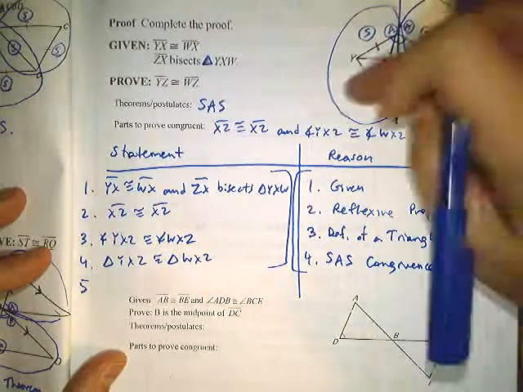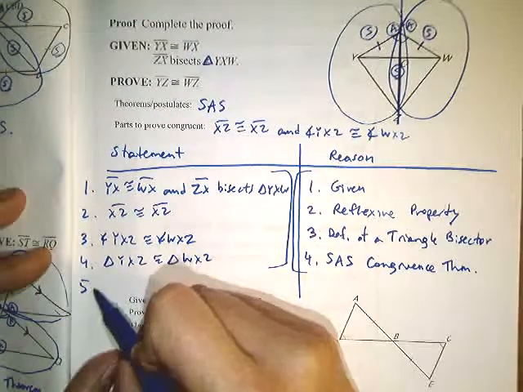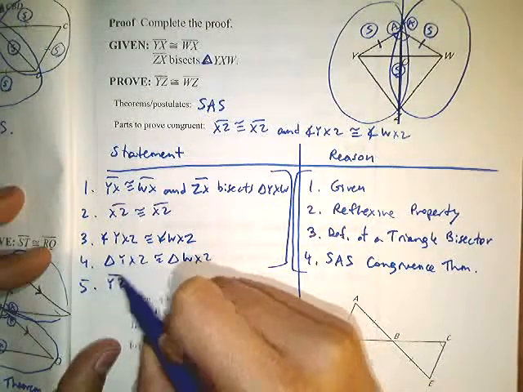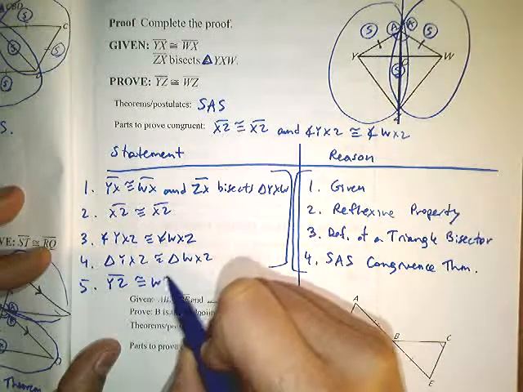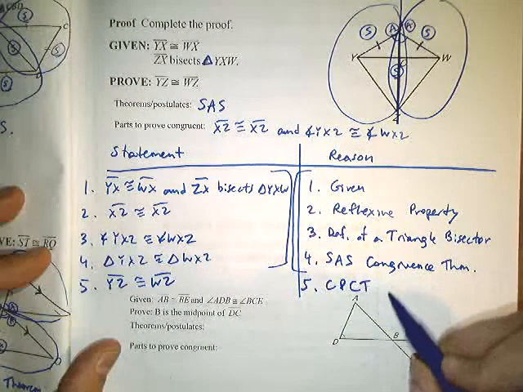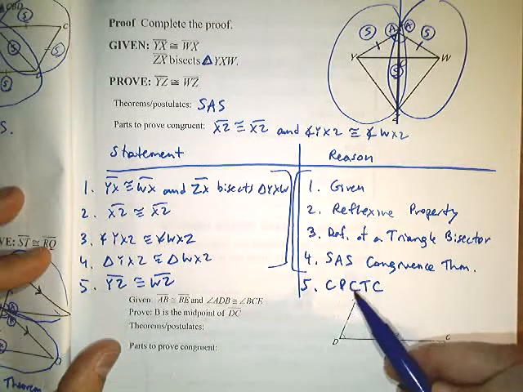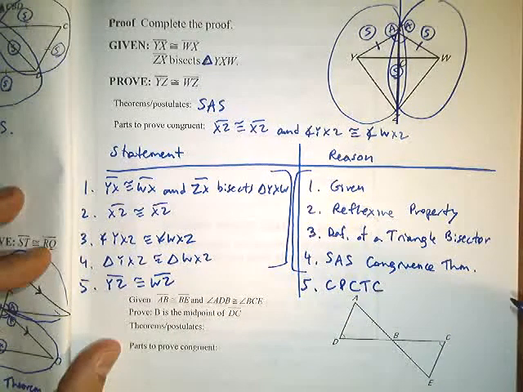Those two now are corresponding parts on triangles that we just said were congruent. So we can state that YZ must be congruent to WZ because they are corresponding parts of congruent triangles, which makes them congruent. Corresponding parts of congruent triangles are congruent.